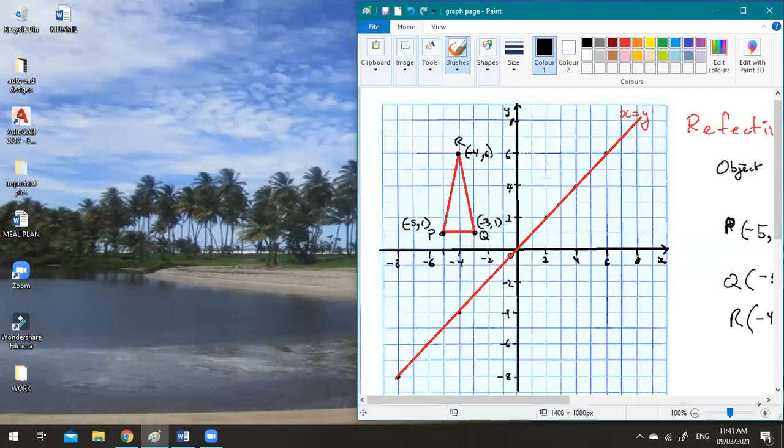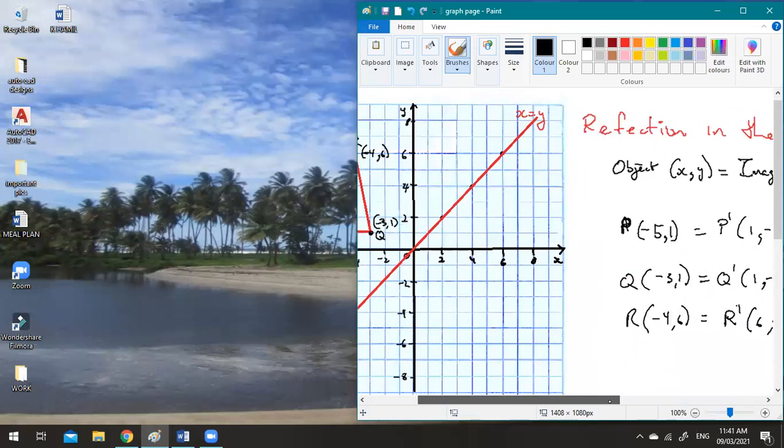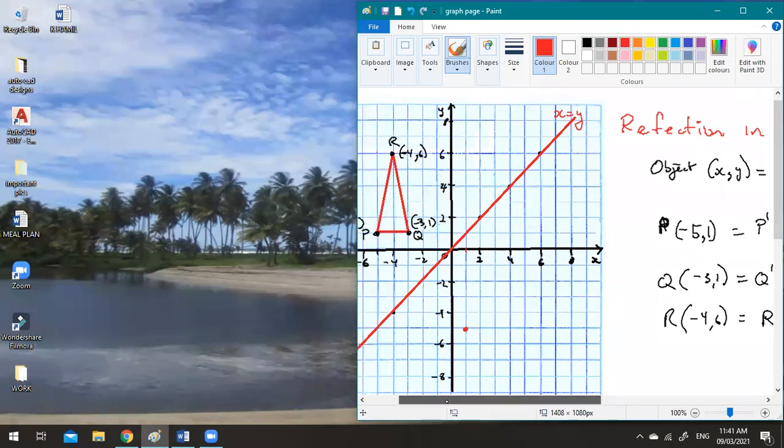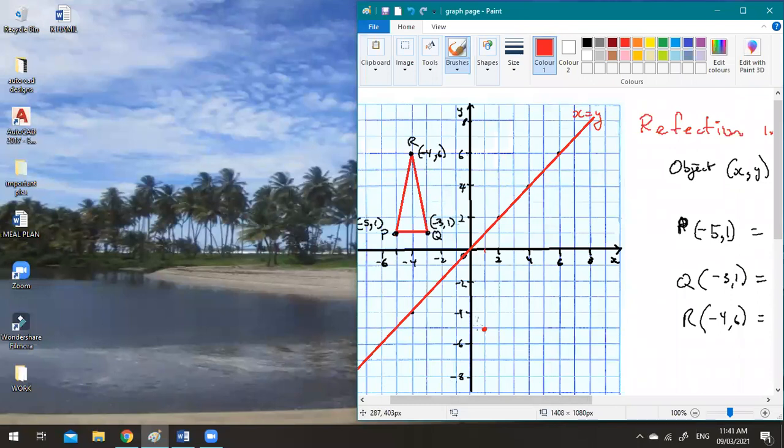Right? Better be a little closer on that. Alright, so the first point, 1 and negative 5. Where's 1 and negative 5? 1 will be here, and negative 5 will be down here. Right? So we'll call that P prime, P image, right?